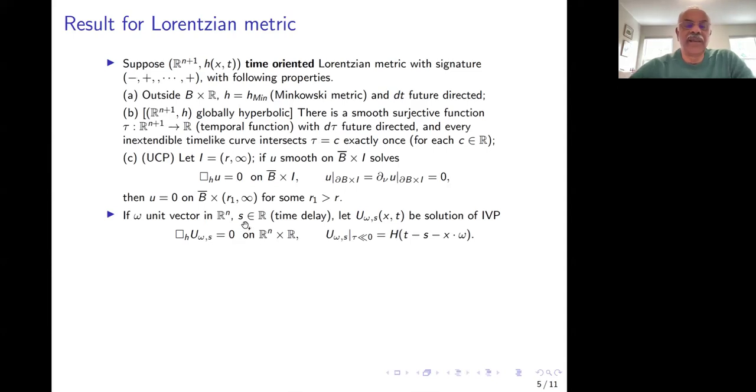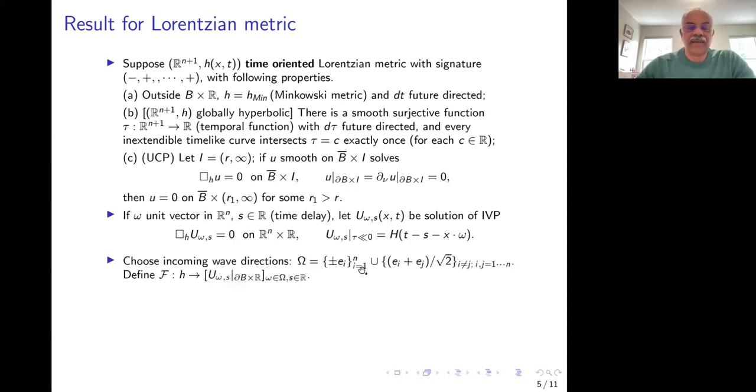So we take a real number s, a direction omega, and then u_{omega,s} is the solution of the wave equation. And it's an incoming plane wave, but notice the time delay s. So we are sending plane waves with different time delays s and in the direction omega. And of course, we are going to choose the incoming directions slightly more than for the Riemannian case, a little more, but not much.